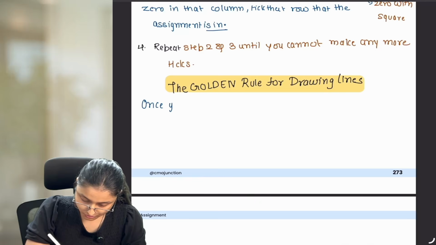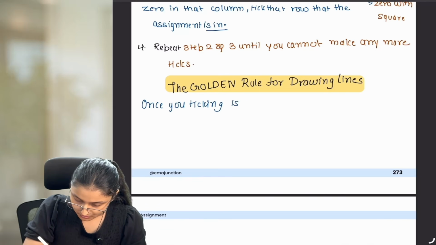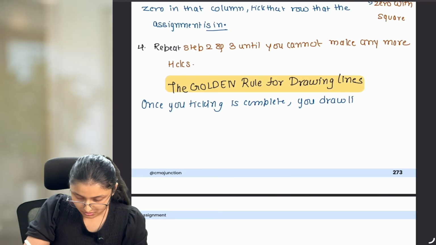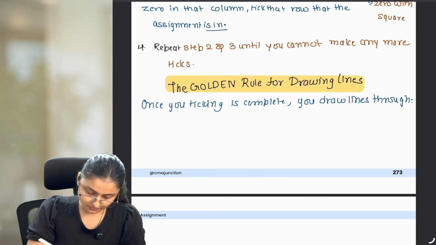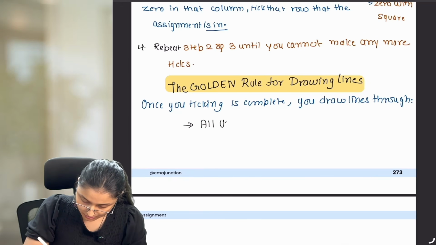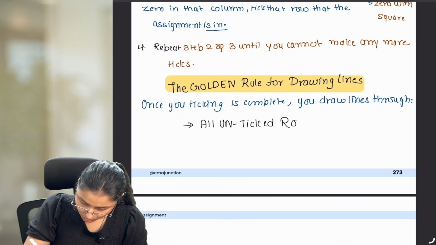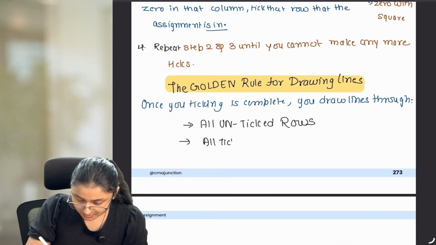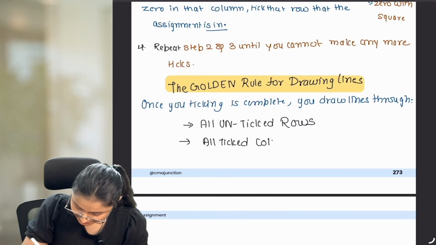Once your ticking is complete, you draw lines through all unticked rows and all ticked columns.